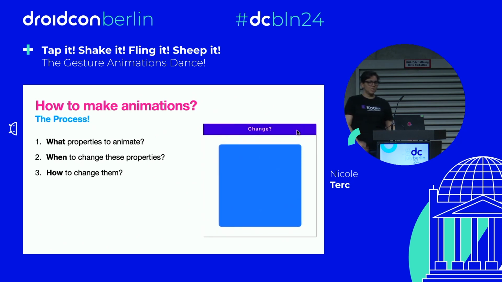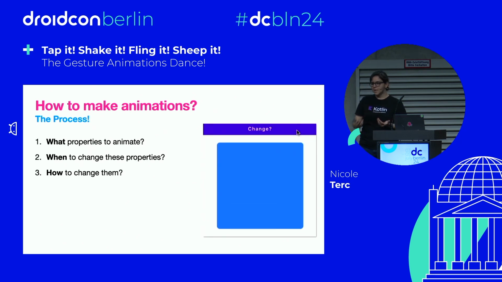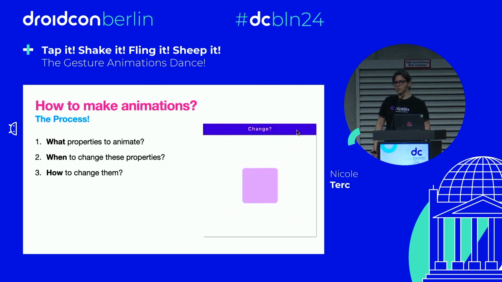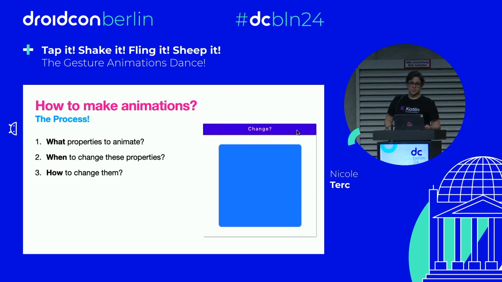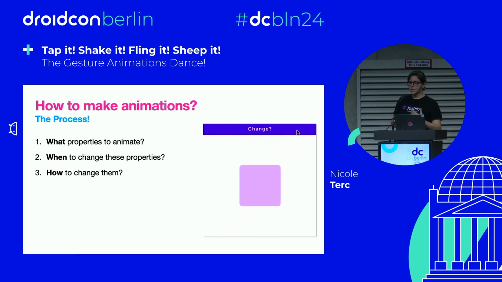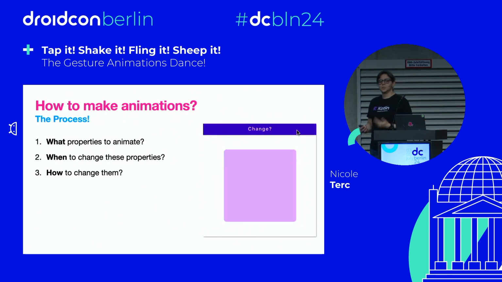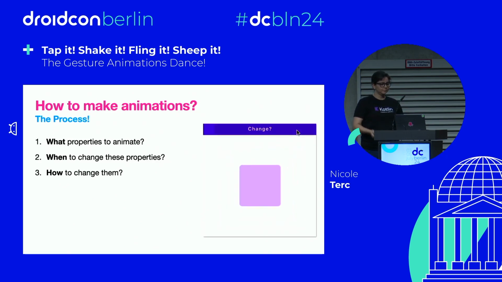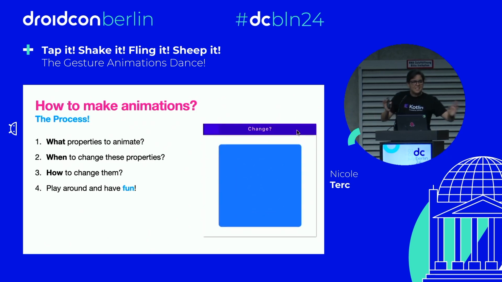When do I want to make this change happen? When I click a button, when I tap on it, when I do anything on the screen? And how am I going to be changing these properties as well? Like, in this case, I am basically just toggling between two states from big to small. Now, after answering these three questions and translating them to code, I usually add a fourth optional step. And that is, basically, play around and have fun. Move things around and see what happens.